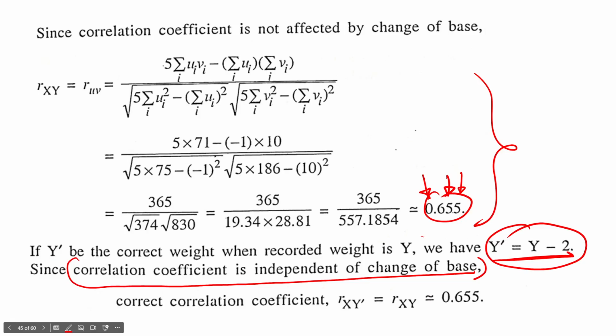So up to base change there is no problem. That is the main thing that you should consider. So ultimately the correlation coefficient will be the same, that is 0.655.